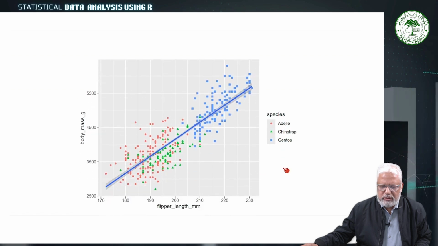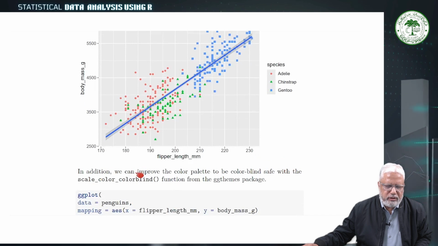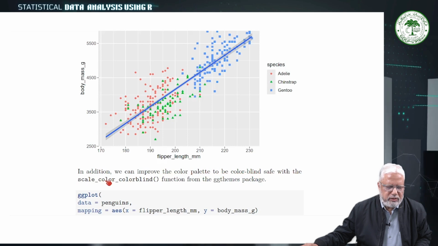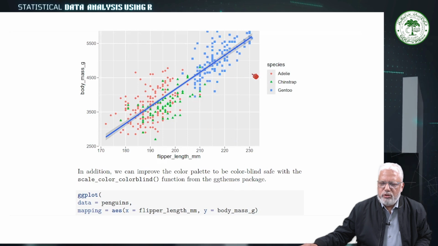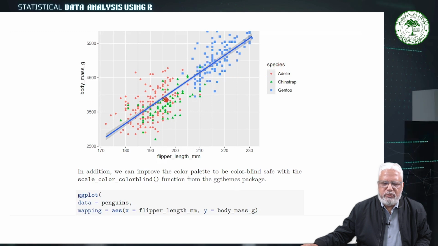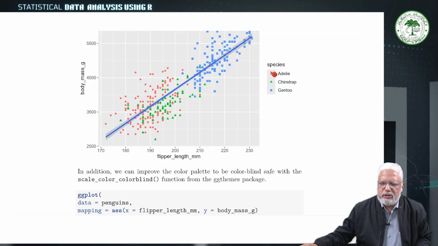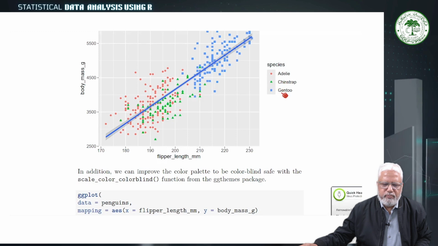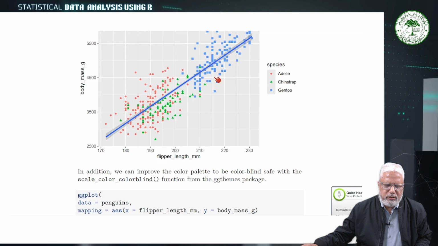See, these are the three species, and in addition we can improve the color palette to be color blind safe with the scale_color_colorblind function from the ggthemes package. So, here these are the different shapes. So, it is adding species as well as shape. Say for example, this is round, this is a triangle and this is a square shape. So, it is having shape as well as color.